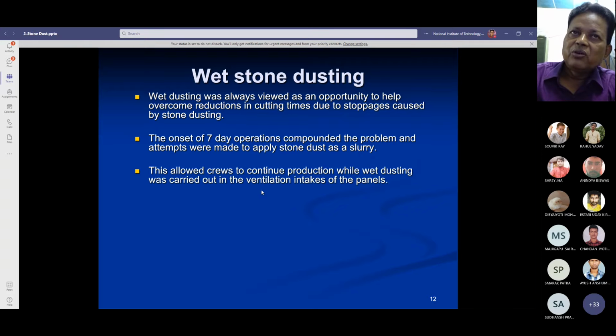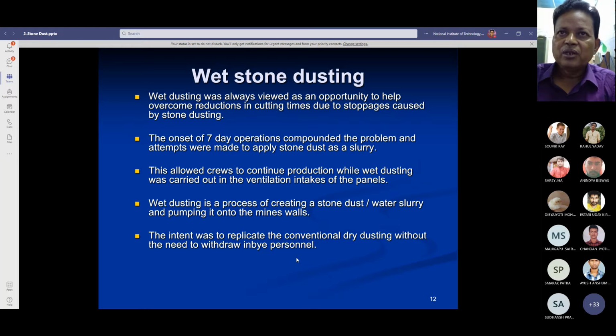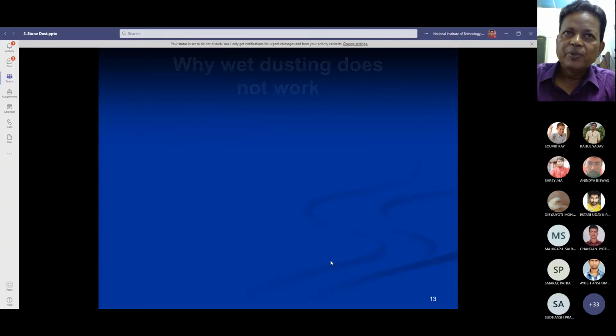This allowed crews to continue production while wet dusting was carried out in the ventilation intakes of the panels. Wet dusting is a process of creating a stone dust and water slurry and pumping it onto the mine's walls. The intent was to replicate conventional dry dusting without the need for personnel to withdraw.